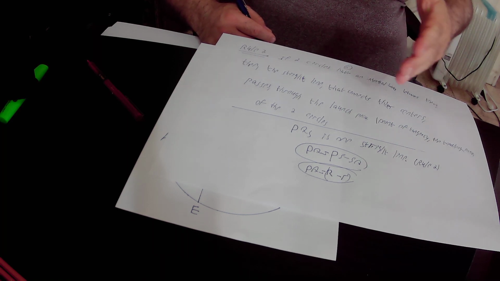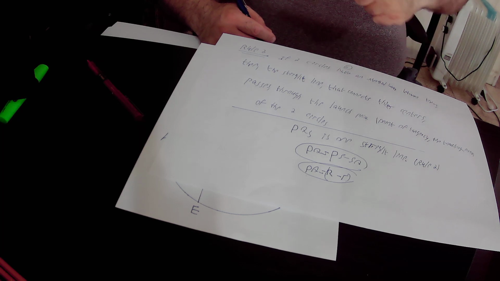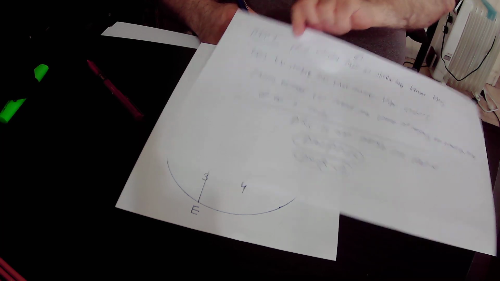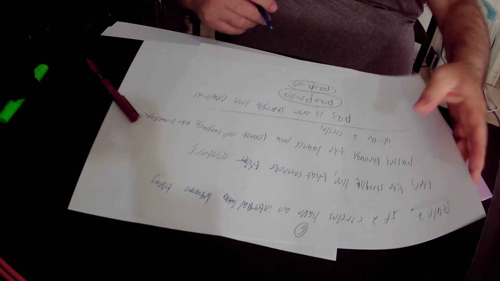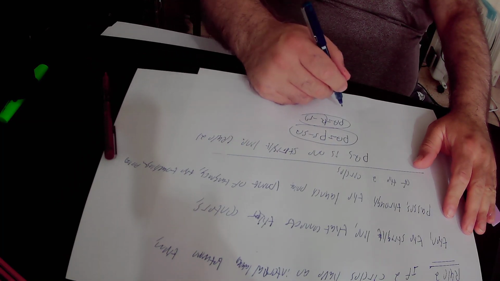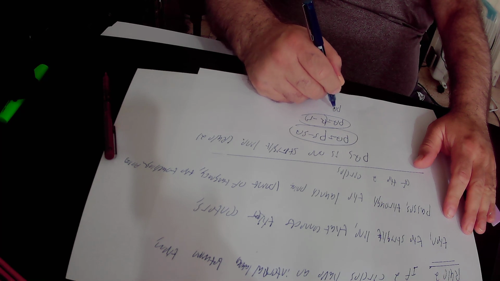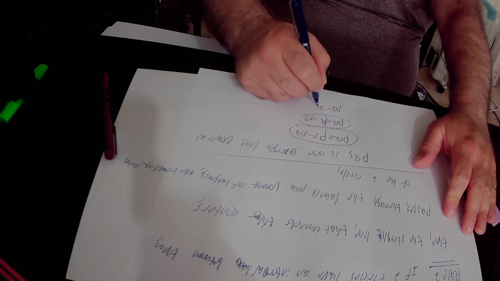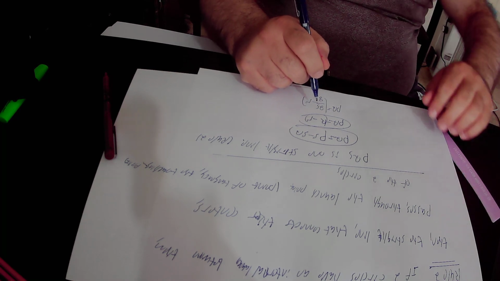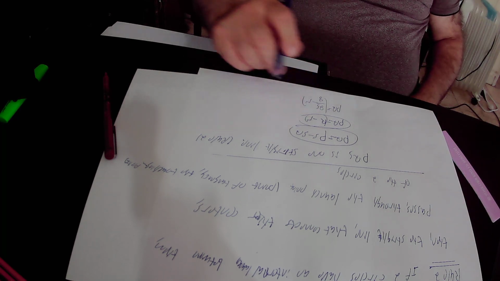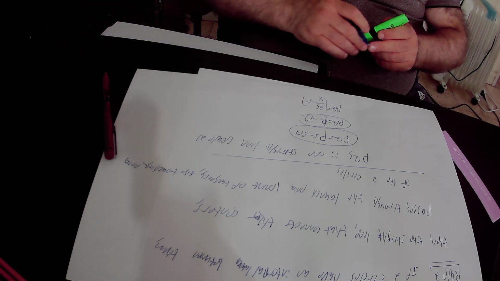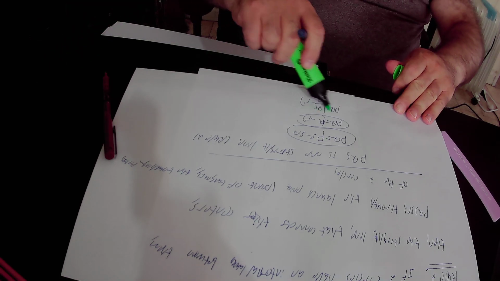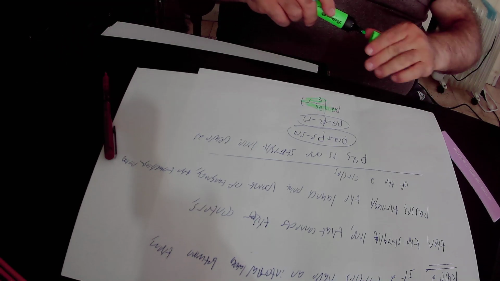But we already found out that capital R equals 25 over 8, so we can substitute capital R by 25 over 8, and we get that the length of line segment PQ is equal to 25 over 8 minus small r. Okay? PQ equals 25 over 8 minus small r.